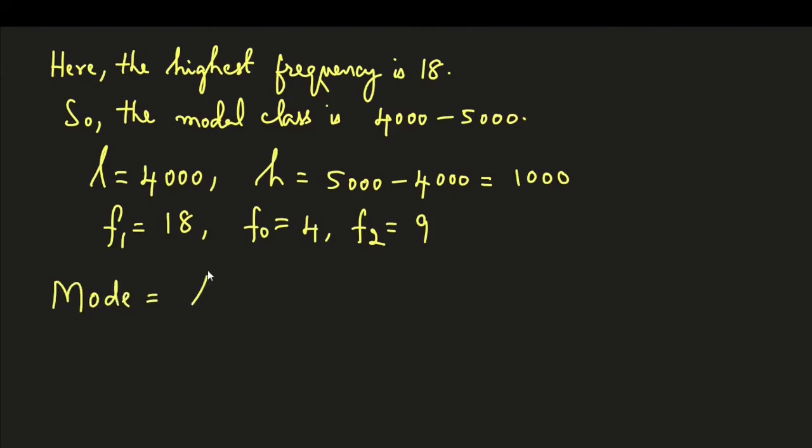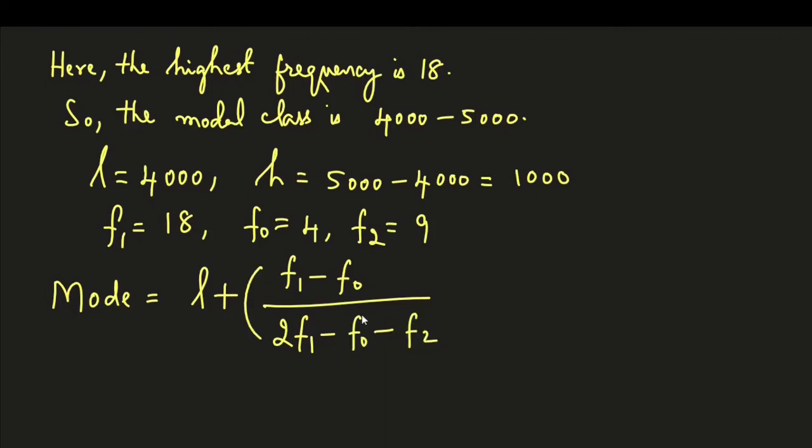Now let us write the formula for mode. Mode is equal to L plus F1 minus F0 by 2 into F1 minus F0 minus F2, into H. Now let us substitute the values and calculate mode. L is 4000.